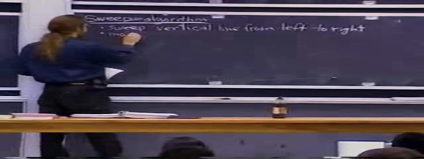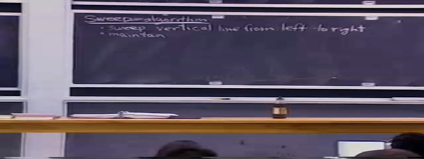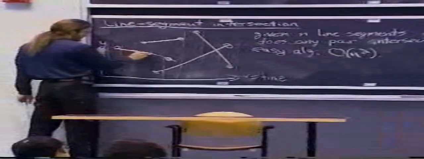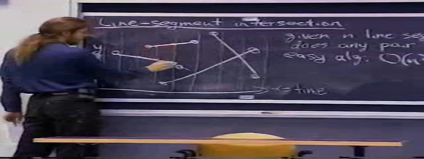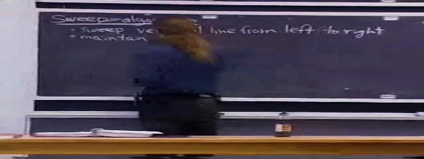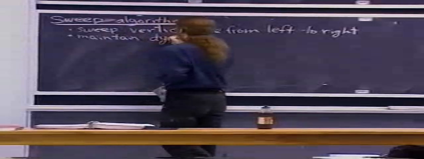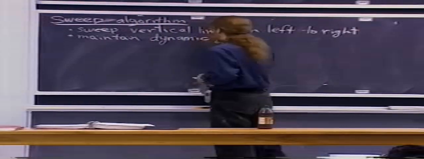Okay, so what can I do as I sweep this line? What I care about are the line segments. So wherever my sweep line crosses a line segment, I'm going to store that, as time progresses. So this is like a dynamic set. This is the invariant of my algorithm.